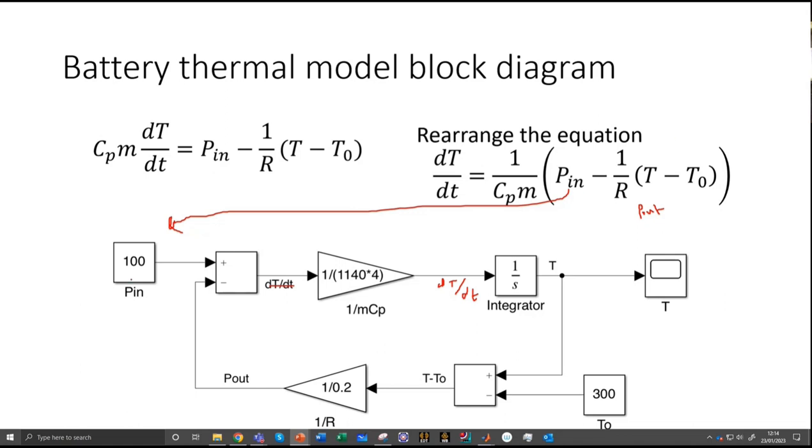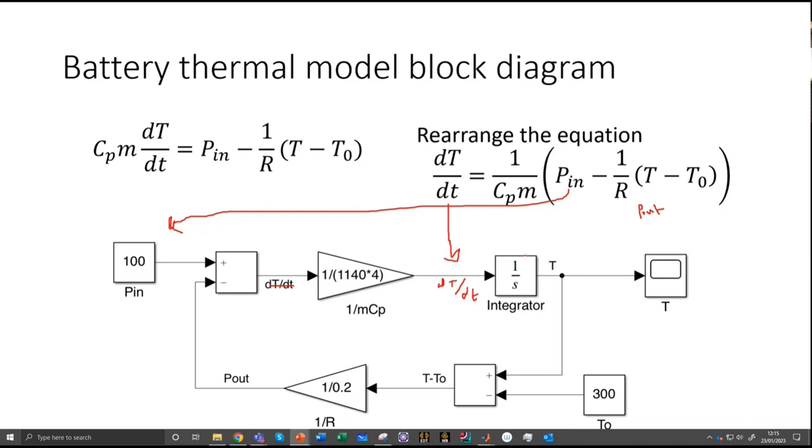I'm taking the Pn minus P out, which is equal to 1 over R times T minus T naught, and T minus T naught is basically T here minus T naught, dividing it by 1 over mCp, which is this figure here, and I'm getting this derivative.